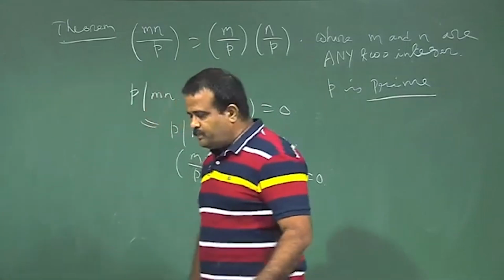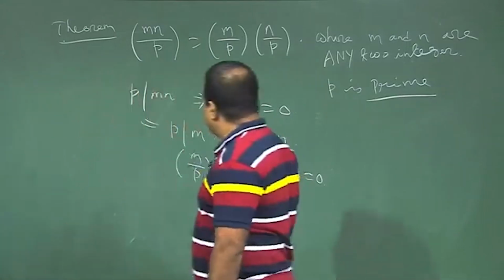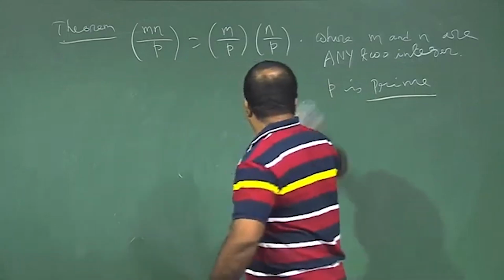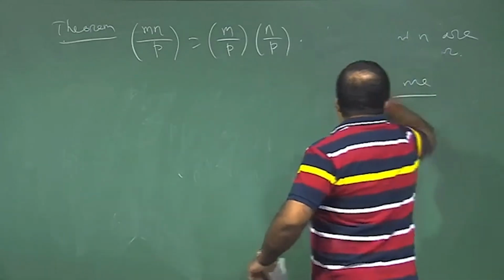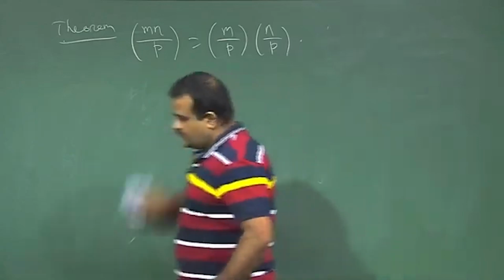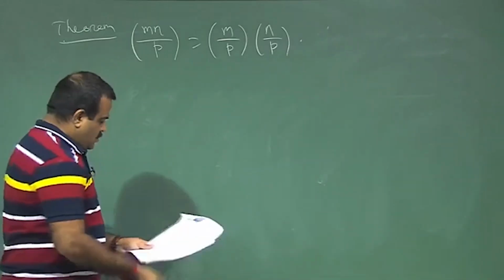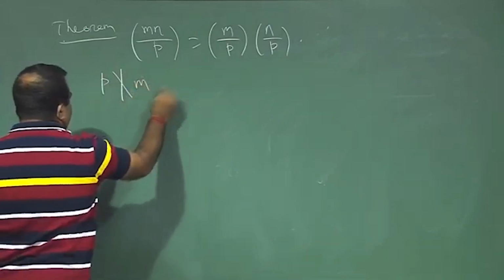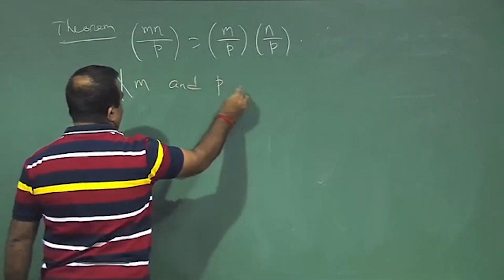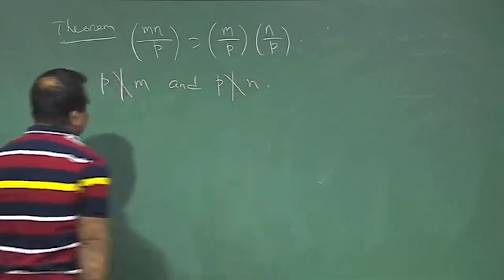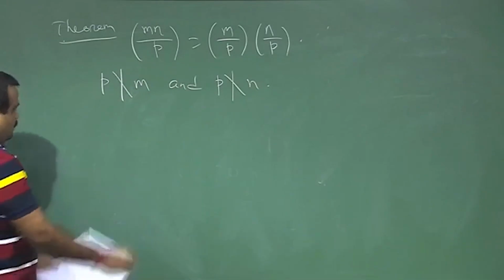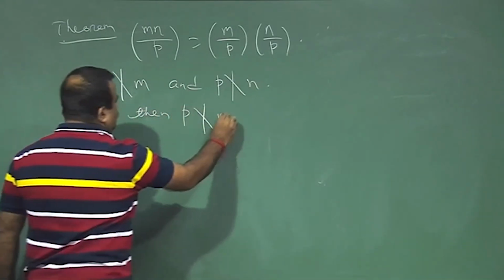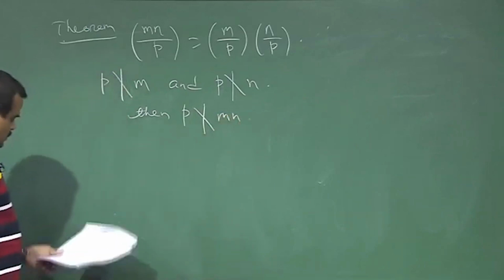Now, if P does not divide m or n, then we will use Euler's theorem to prove this. Suppose P does not divide m and P does not divide n, so P does not divide mn.